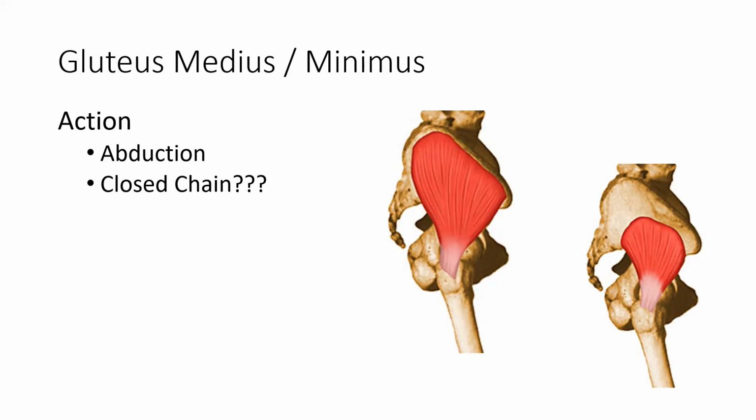So right side gluteus medius will give me a right side lateral pelvic tilt, same side ipsilateral pelvic tilt, as well as femoral or iliofemoral abduction, which are the same movements. So lateral pelvic tilt and femoral abduction are the same.